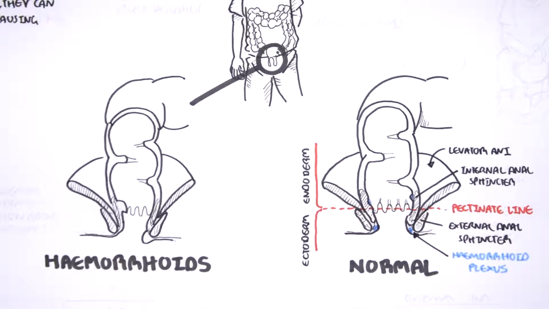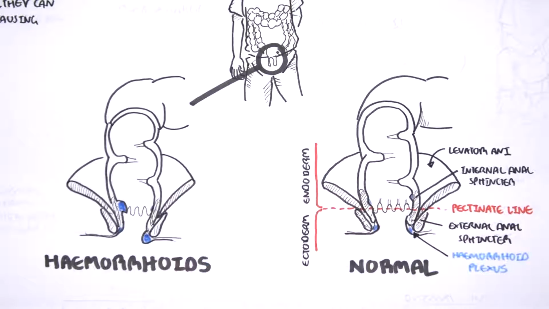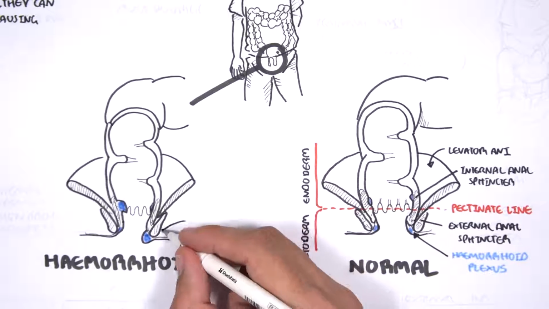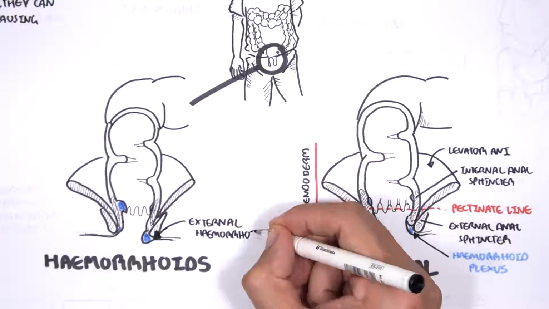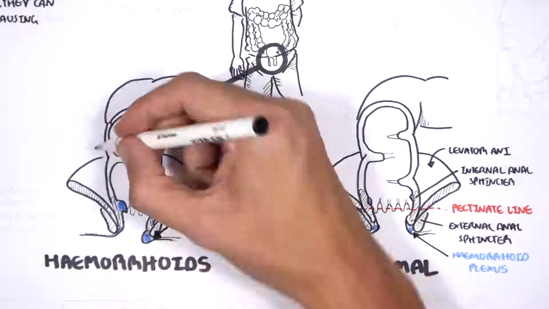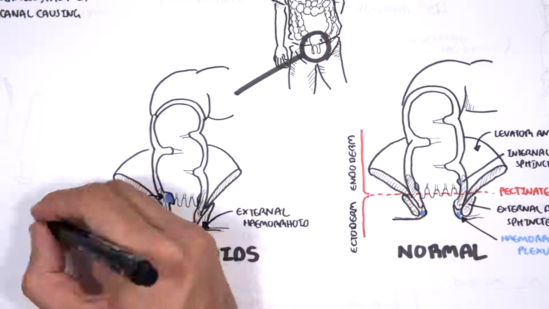And again, these are normal anatomical structures. In the condition known as hemorrhoids, these plexi enlarge and can cause some serious discomfort. The enlargement can be from external hemorrhoids or from internal hemorrhoids, and internal hemorrhoids are located above the pectinate line.